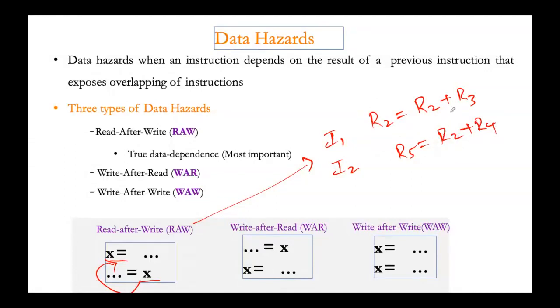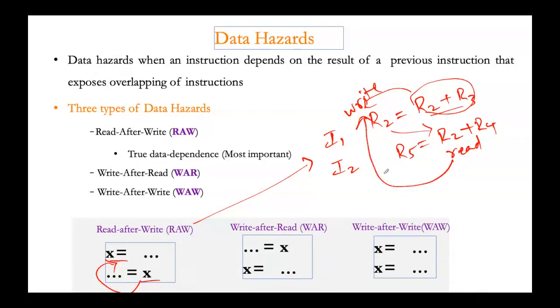First it computes this one and writes the result into R2, and after writing, that result is used for the read. Here the write operation is performed, and here the read operation is performed. So we call this read after write.